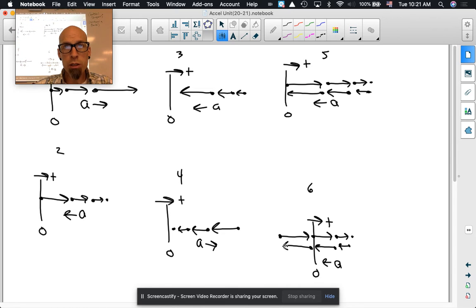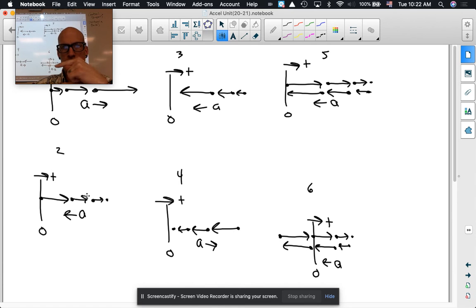How about all the ones where it's slowing down? Like here, slowing down. Here, slowing down. Up here, slowing down. Up here, slowing down. What do you notice about the A in each of those 4 cases? A is in the opposite direction of what it's going.